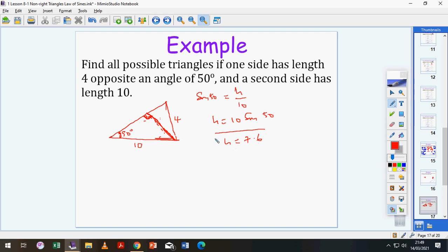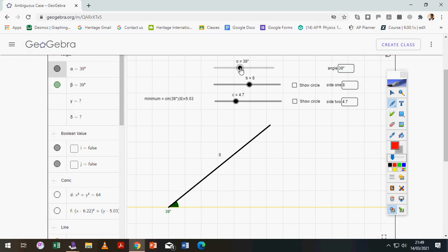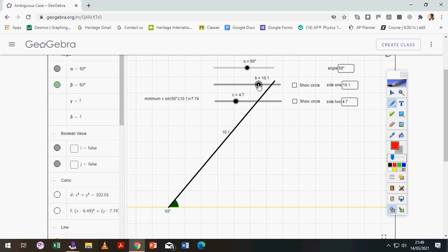Let me show you practically. Have angle 50 degrees. One side is 10, right? So one side is 10, and one side is 4. The side that's opposite to the angle is 4. So if that side is 4, I'm going to show you the circle.